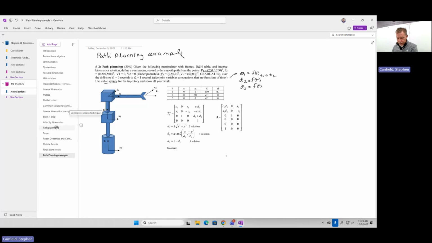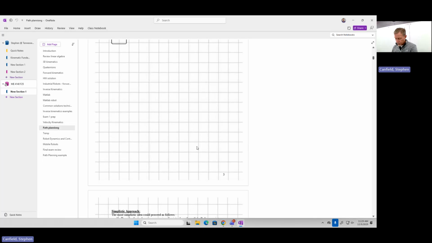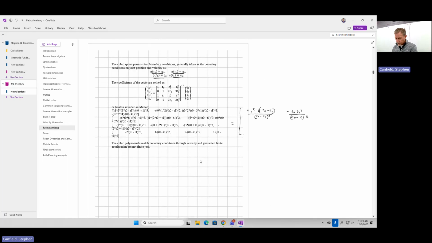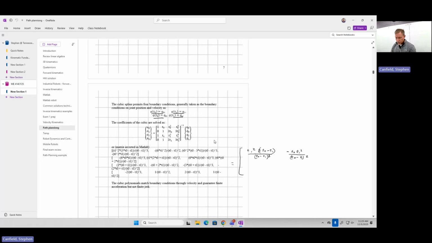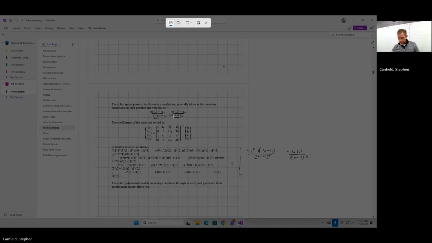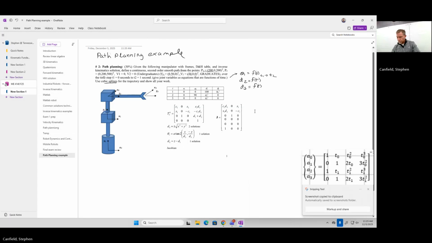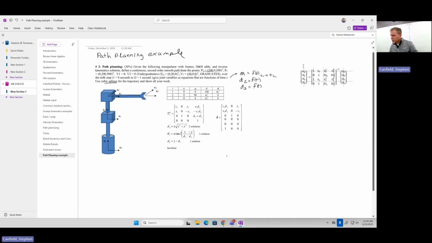Now, the first step is, we jump and look at our cubic spline. We had that from path planning. So scroll down real quick. We can get the equation for cubic spline and have it right here. Grab it, take it with us. There's our equation for the cubic spline.